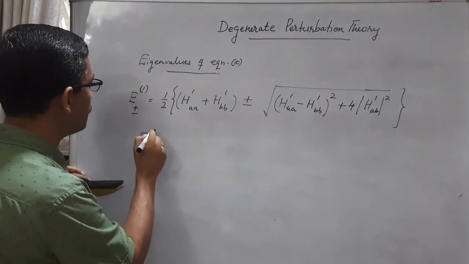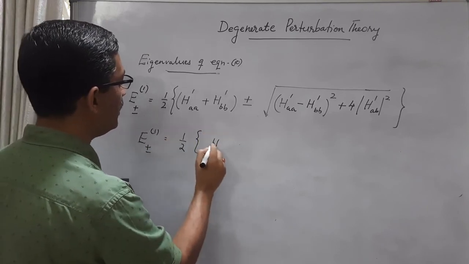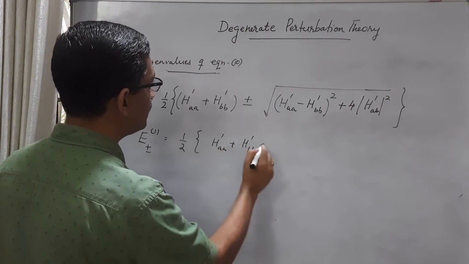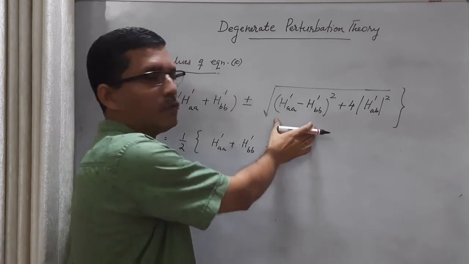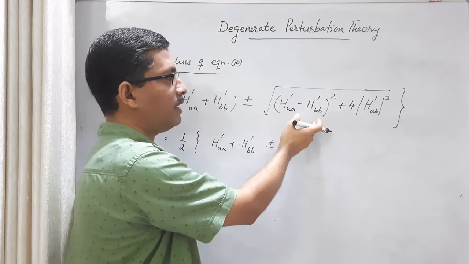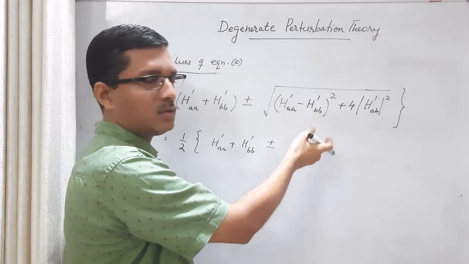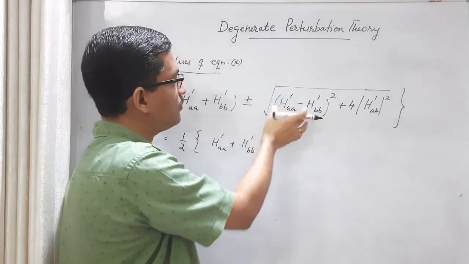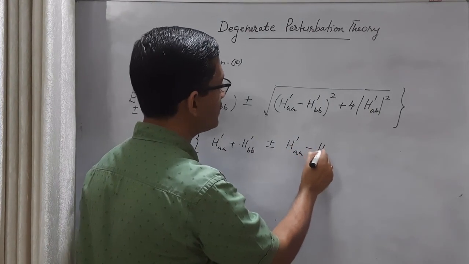E plus minus 1 is equal to half into h prime aa plus h prime bb plus or minus the square root. If the off diagonal term is gone, then we have the square root of a perfect square. Its square root can be either h prime aa minus h prime bb or h prime bb minus h prime aa. So let us assume that h prime aa is greater than h prime bb, so the positive root is h prime aa minus h prime bb.